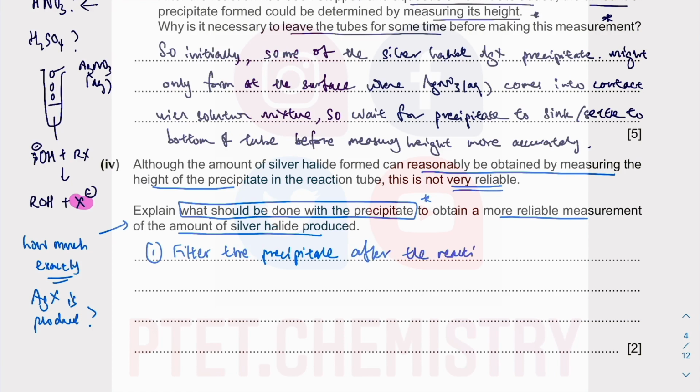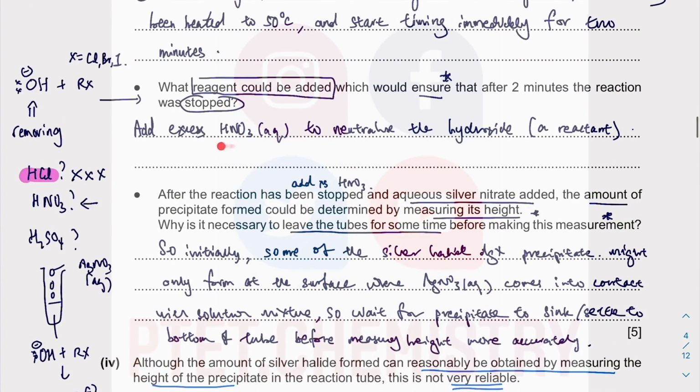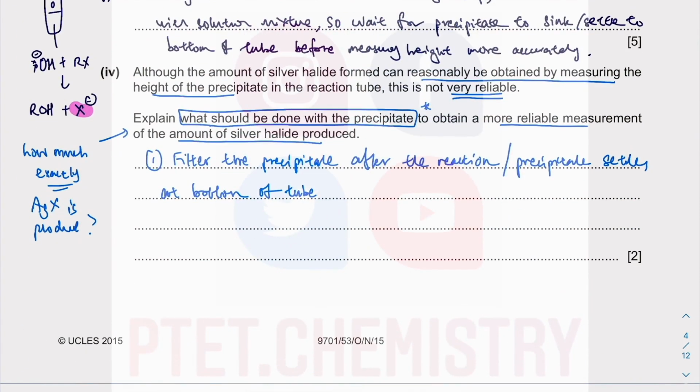You stop the reaction already, so filter it, after the precipitate settles at the bottom of the tube. Before you add the silver nitrate, the reaction already stopped, because you already add excess acid to neutralize all the OH minus.